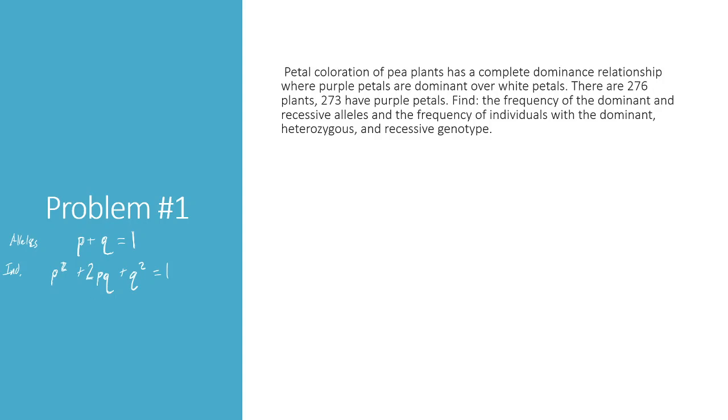A possibly confusing part is that there's a 2 there, and what that is doing is accounting for the different ways that the alleles could come about. So a heterozygous individual mathematically could be considered a pq individual or a qp individual.